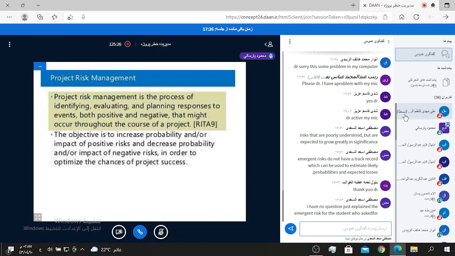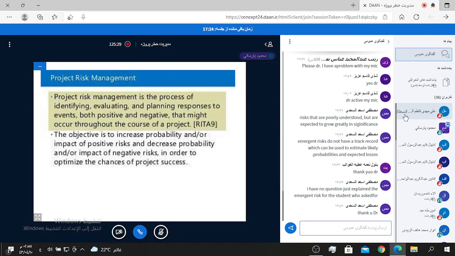And Mr. Mustafa is right that emergent risks do not have a track record which can be used to estimate likely probabilities and expected losses.